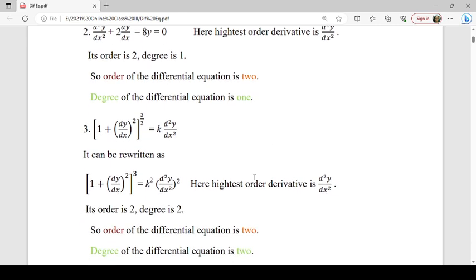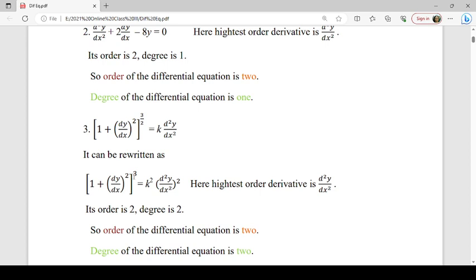Then this one you see. Here it is power 3 by 2, so you need to rationalize this. If we square it, then this 2 will go and the right hand side will have power 2. So this is whole cube and this is whole square. On the left hand side it is first order and this is second order.